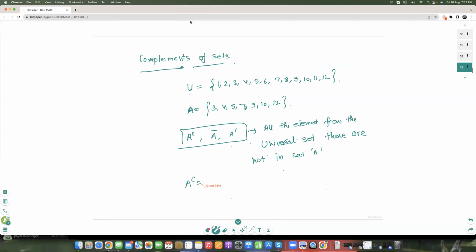Can you tell me those elements? You check the universal set first and write down the elements that are not in A. 1 is not in A, 2 is not in A, 3 is in A, 4 is in A, 5 is in A, 6 is not in A, 7 is in A, 8 is not in A, 9 is in A, 10 is in A, 11 is not in A. So A complement is 1, 2, 6, 8 and 11.